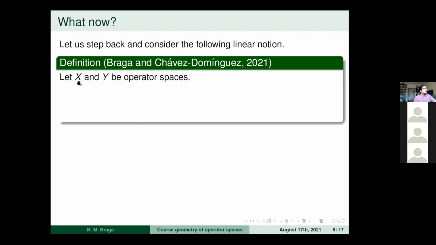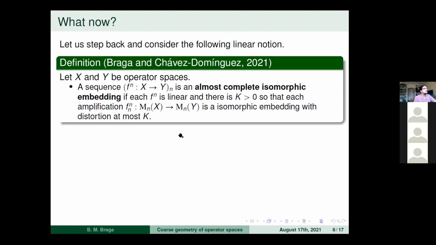You start with two operator spaces, and now, instead of looking at one map from X to Y, we care about embeddings, so here I'm giving a definition of embeddings. Instead of caring about the map being an isomorphic embedding and all the amplifications also being isomorphic embeddings with bounded distortion, we do it like this.